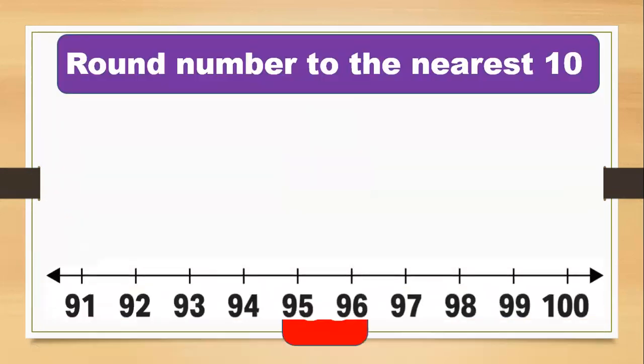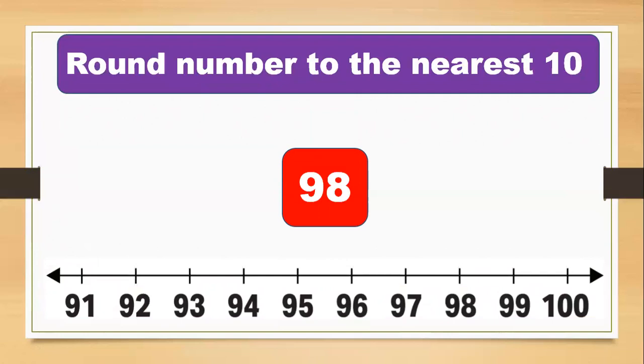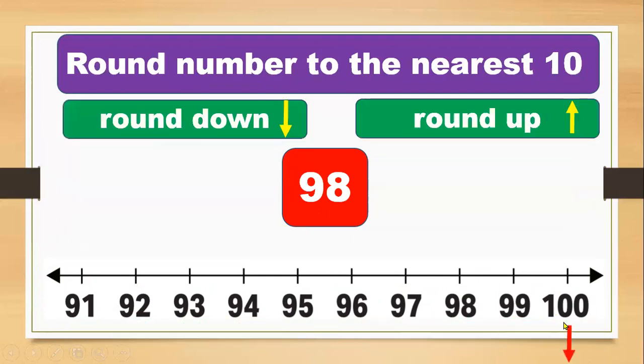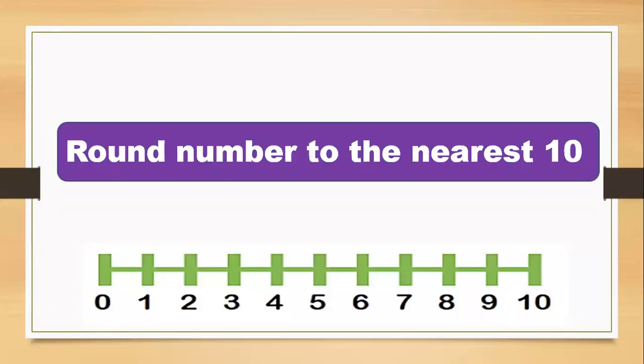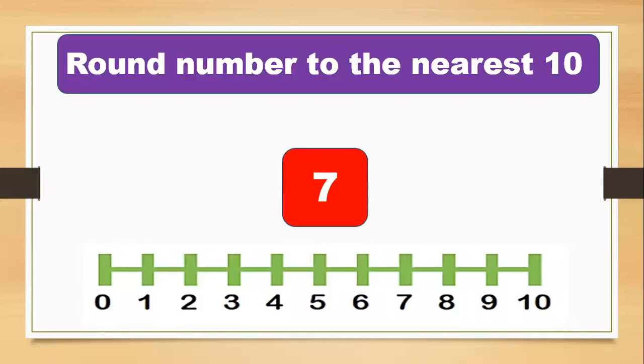See this number, 98. First you have to see the midpoint, 95. 98 comes after 95, so you have to round up. You have to say 100. See this example, 7.